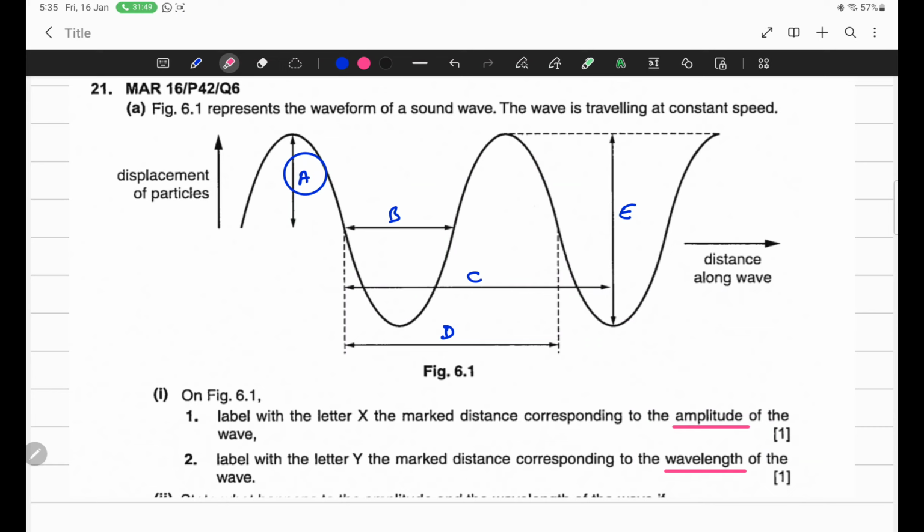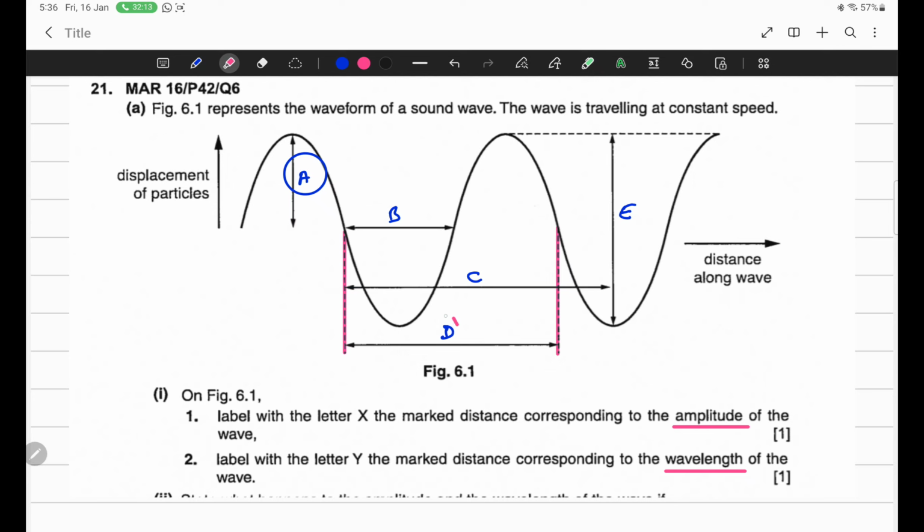Faria, can you answer? Faria, what is one wavelength? Arisha, what is one wavelength? Yes, you are right, the length of one cycle. The cycle starts from this point and ends at this point.